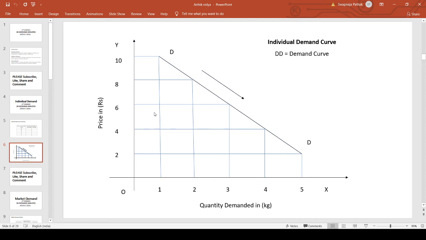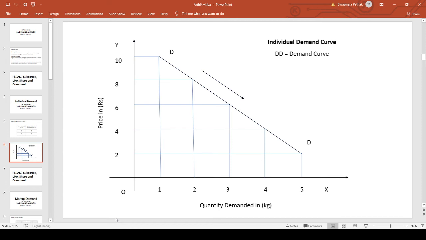In the figure, the x-axis, which is horizontal, represents quantity demanded, and the y-axis, which is vertical, represents the price of the commodity.